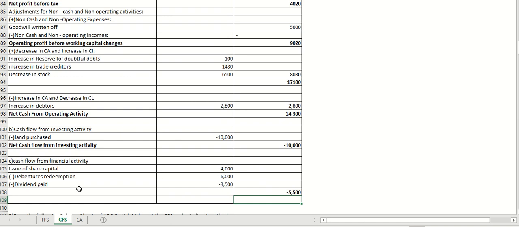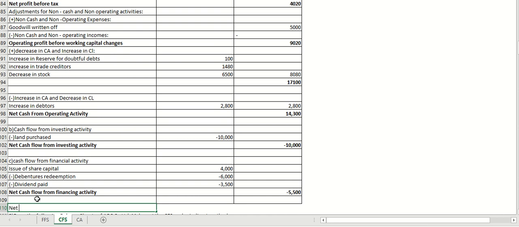So it is minus 5,500, which is nothing but the net cash flow from financing activities. Now we will total up the net increase or decrease in cash.